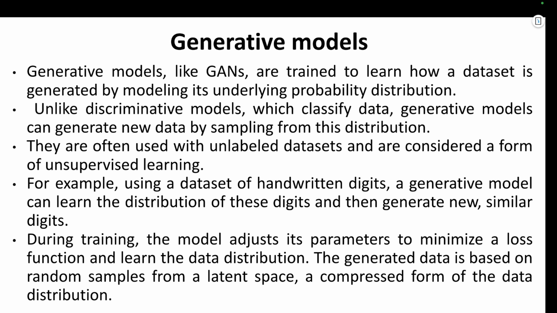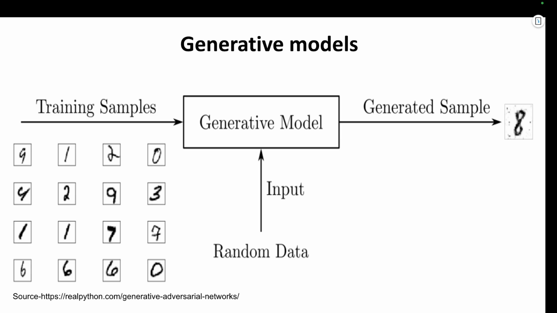That latent space holds the encoded information in the form of a compressed data distribution. Here the training sample is given, then based on random data, input is given to the generative model and it will generate the sample images. It takes the random noise. These are the sample images.